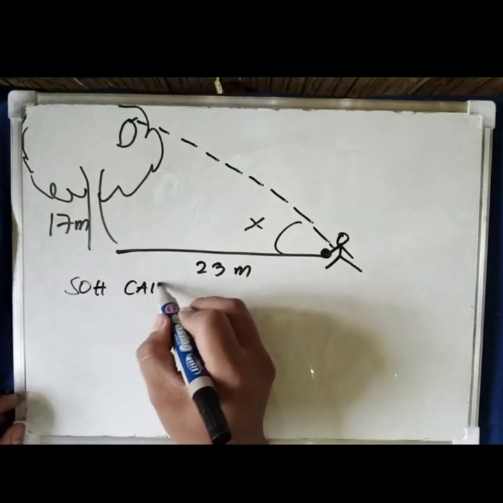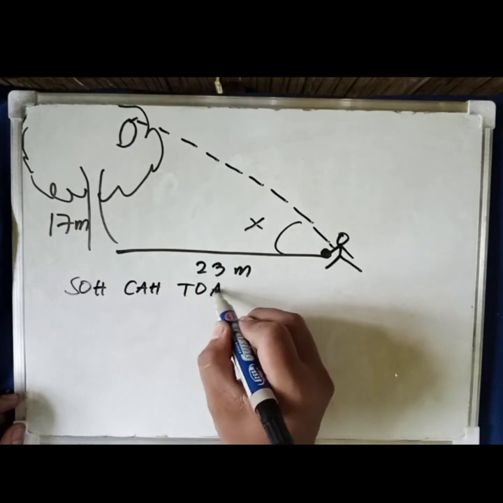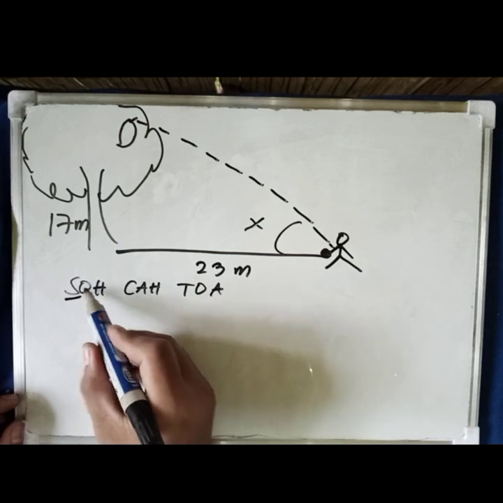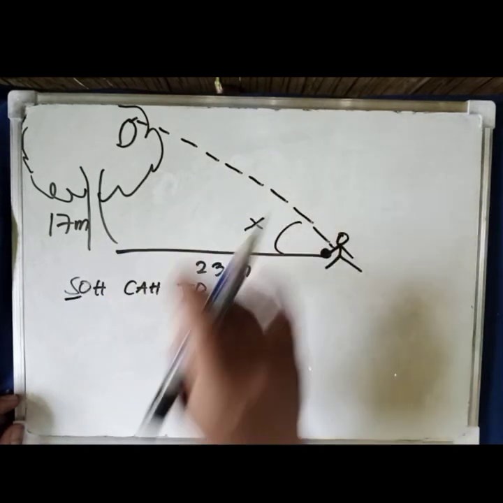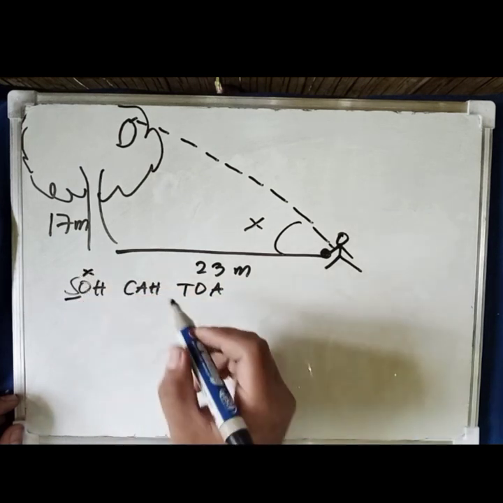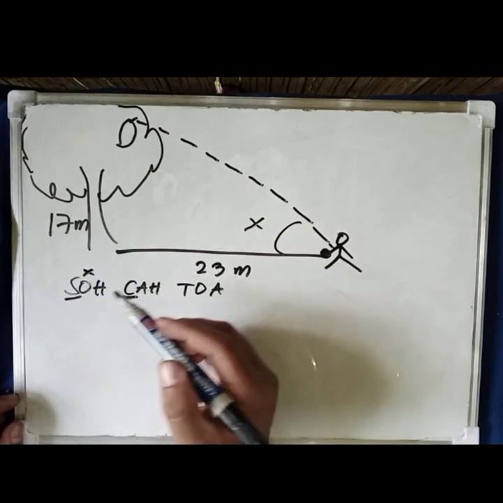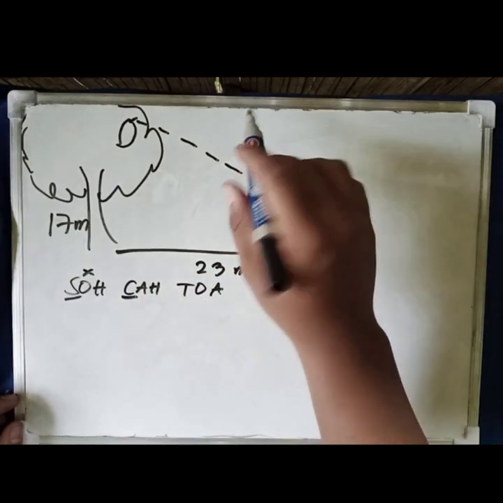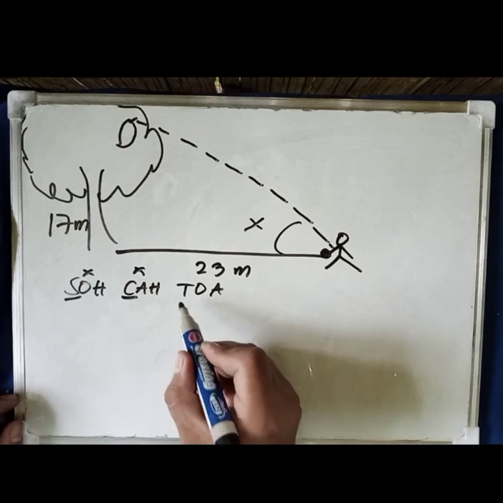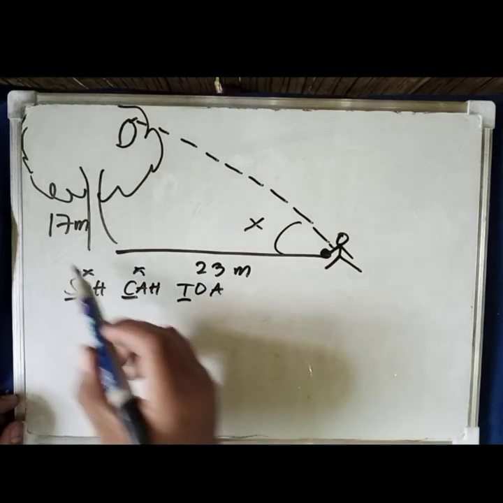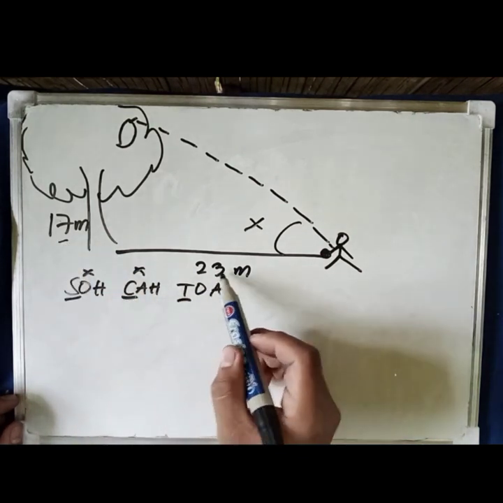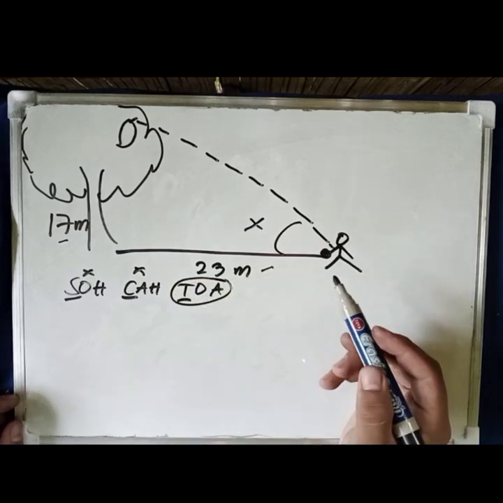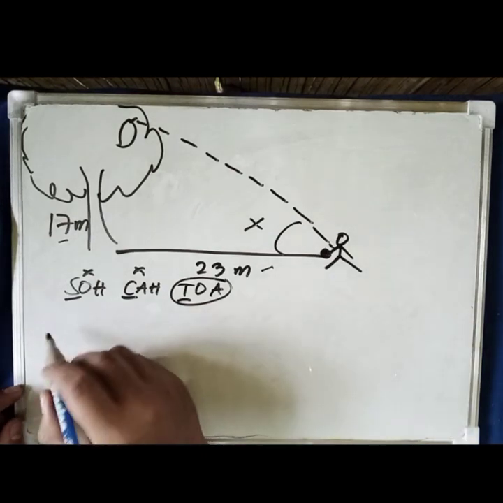So first we have to identify what function will be used to solve the angle. So for sine, opposite over the hypotenuse. As we can see, the hypotenuse has no value. Then for cosine, also the hypotenuse has no value. For tangent, the opposite over the adjacent, and for the tangent, the opposite over adjacent has all the values. Therefore, the tangent function will be used.